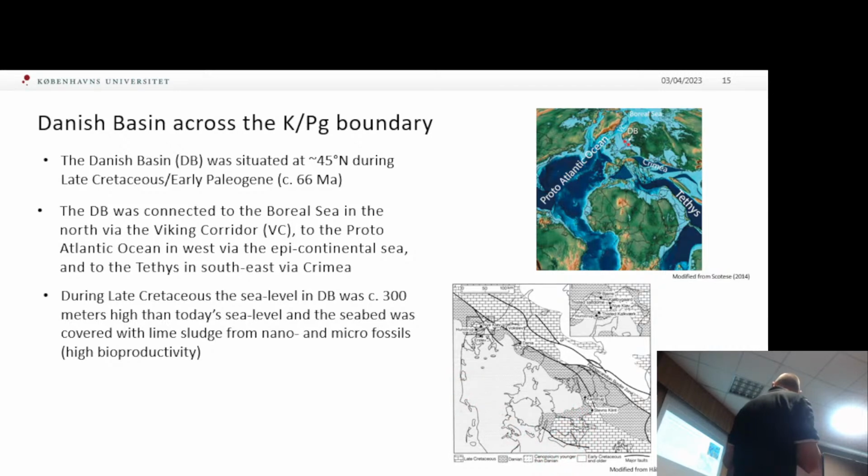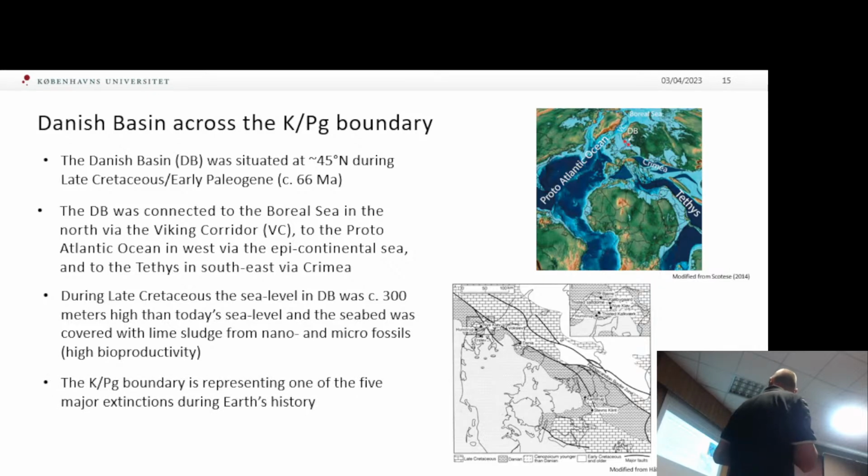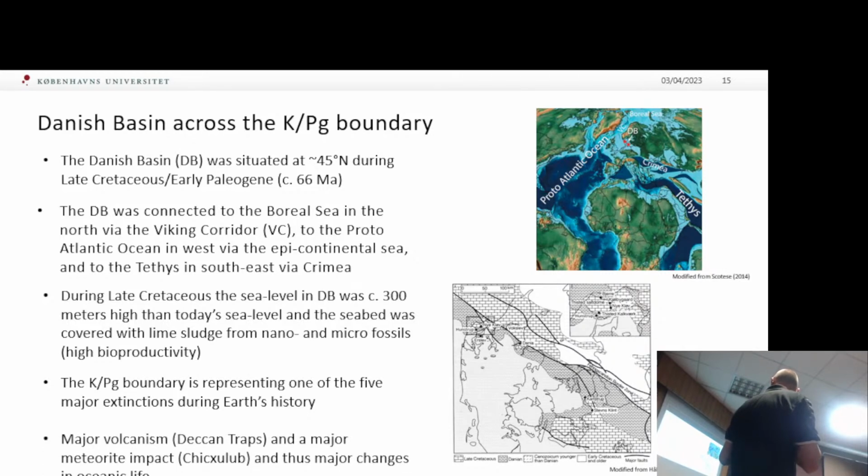Copenhagen is now. It's a really small country. And the Cretaceous Paleogene boundary is representing one of the 5 major extinctions during Earth's history. Also because of major volcanism from somewhere around here, and the meteorite in Mexico.